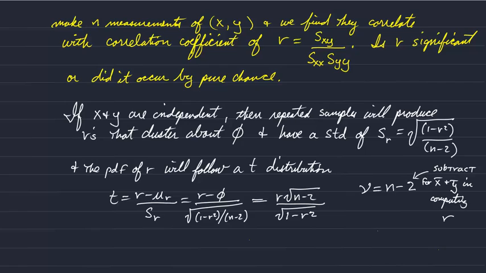We had to estimate the means when we calculated the variance of x and y. So we have to subtract 2 from the total size of the sample. So from here on out, we do a t-test.